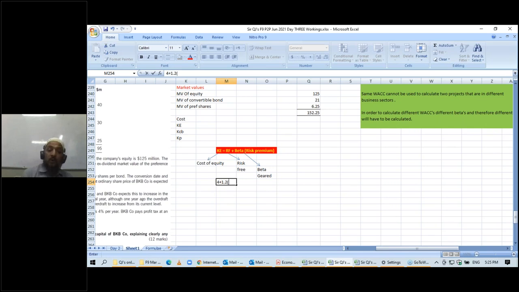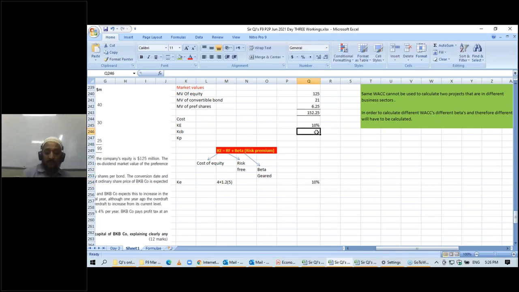So the cost of equity will also be greater than the return which is expected from a market portfolio. And if beta is less than 1, then the cost of equity will be lower than the market return. Okay, so the risk premium is 5%. This gives you a cost of equity which is 10%. So that's our cost of equity, 10%.